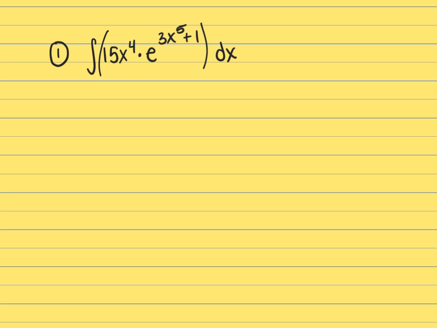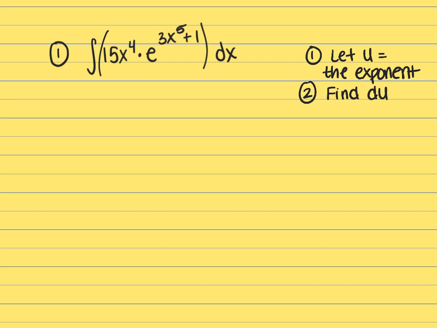So I'm going to put some steps over here. So step 1, let u equal the exponent. And then, as we did before, step 2 will be to find du. And step 3 will be to solve for dx.